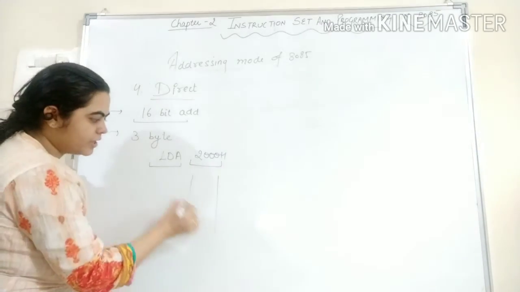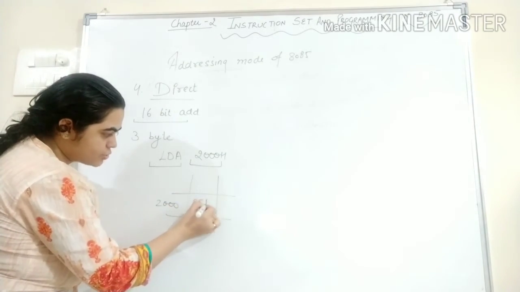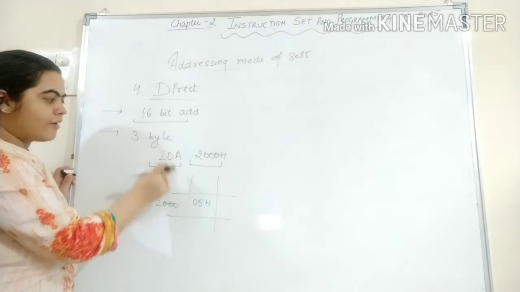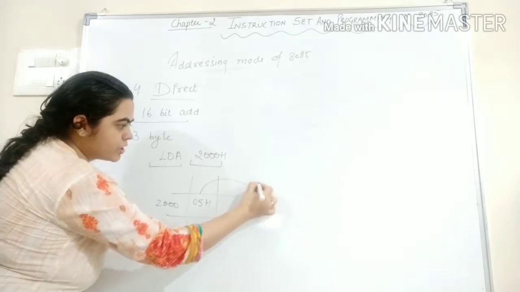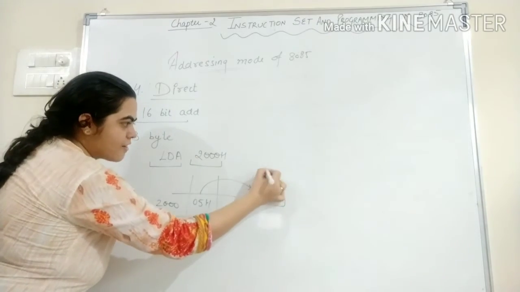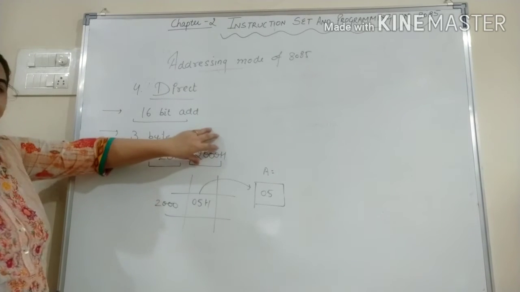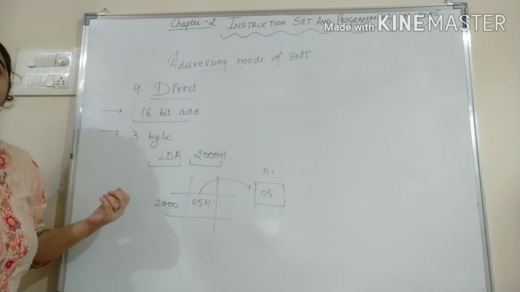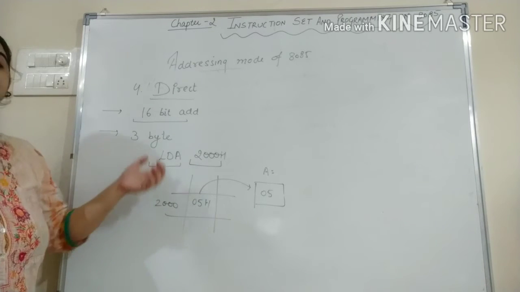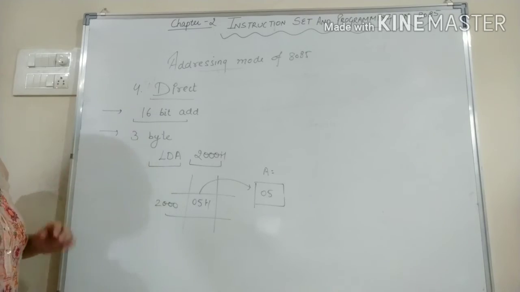For example, in memory location 2000, we have the contents 05H. After the execution of this instruction, the accumulator will be loaded with 05H. So the address is given directly in the instruction, and from that address the microprocessor will fetch the data and assign it to the particular register. That is known as the direct addressing mode.